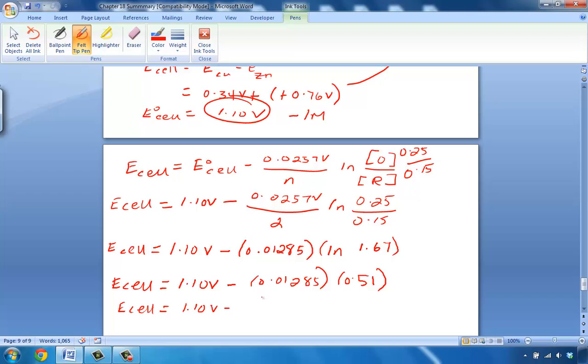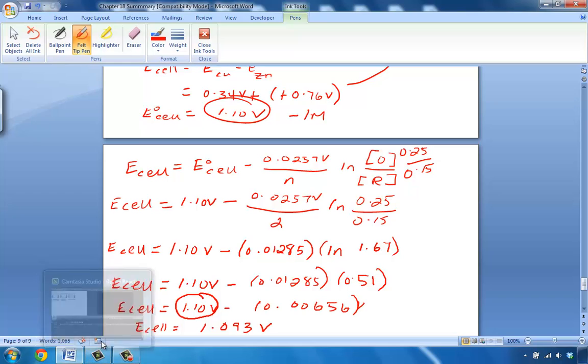This times this gives me 0.00656, and E of the cell would then be 1.10 volts minus 0.00656 volts, and that gives us a grand total of 1.093 volts.